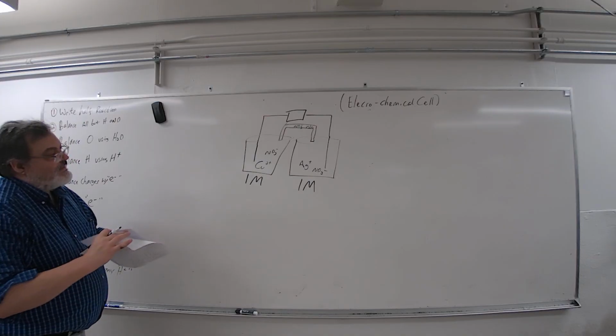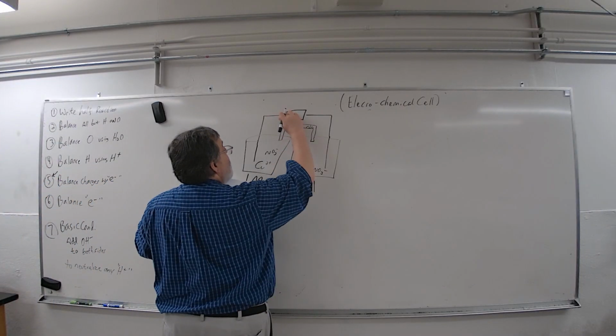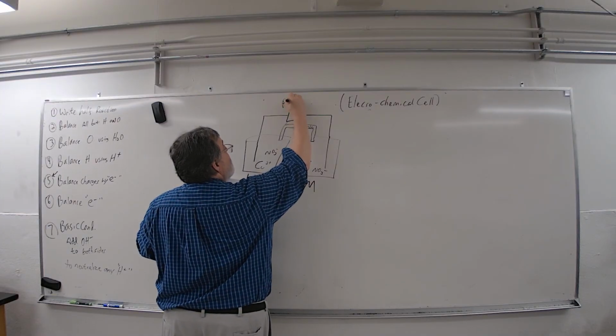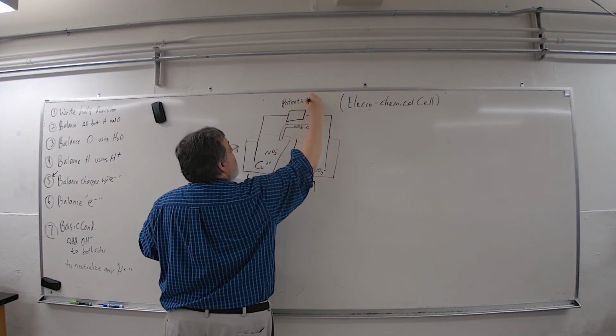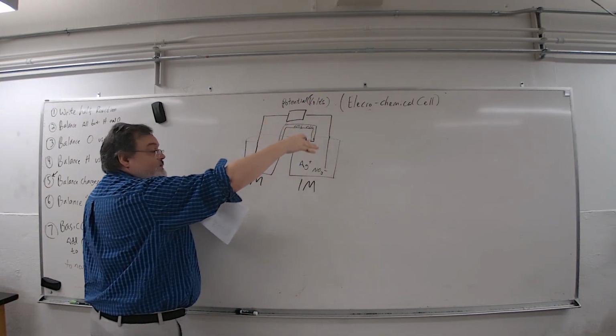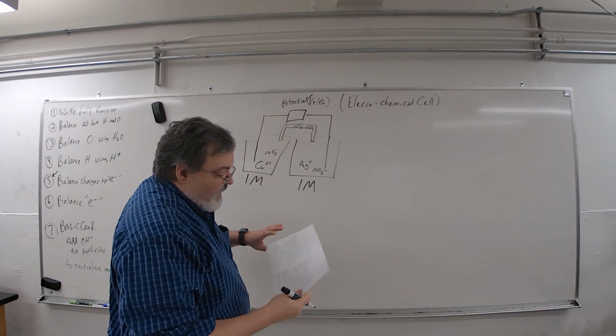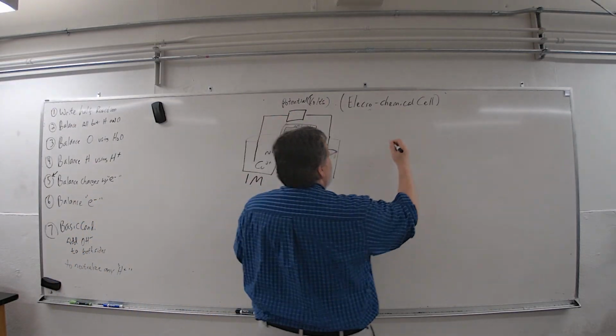Okay, if you had that, you could find out what the potential is, AKA the volts across here. Usually the volts are written here, but you can do that very easily. It's this equation.